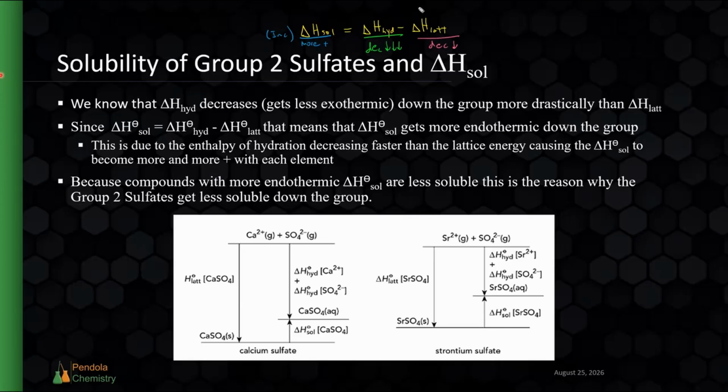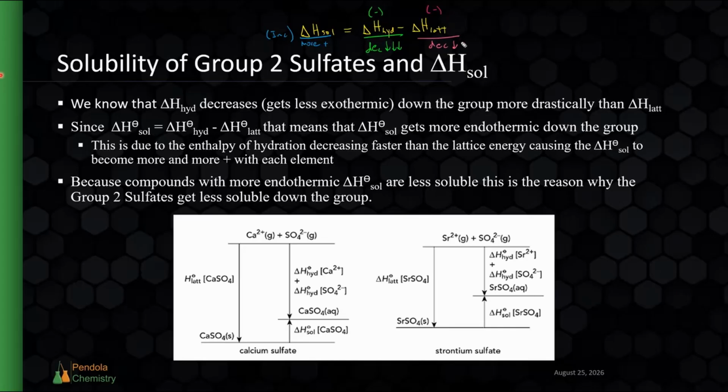Because remember, hydration, as we talked about earlier, is always going to be exothermic, it's always going to be negative. And lattice energy is always going to be negative as well. But because we're subtracting a negative, we're essentially adding to the hydration.